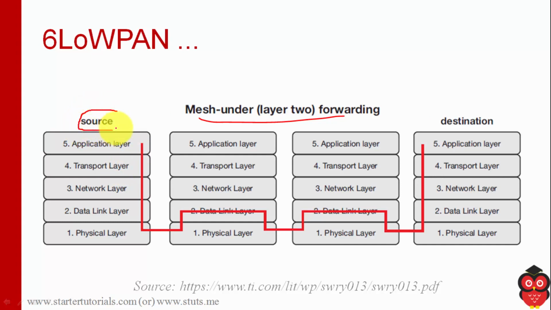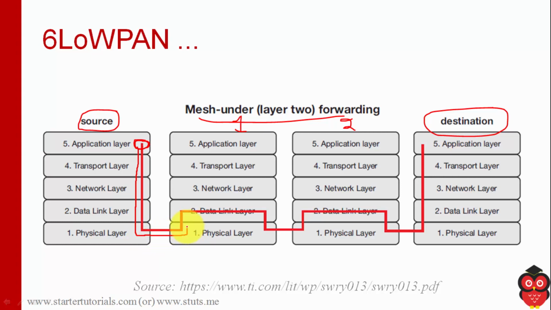So source device, destination device, and what are these two stacks here? Let's say there is one intermediate system or device, and there is another intermediate system or device. In between the source and destination there are two devices. You can see the data from the source is coming from the application layer, it is moving down to the physical layer, and from the physical layer it will move to the next device.